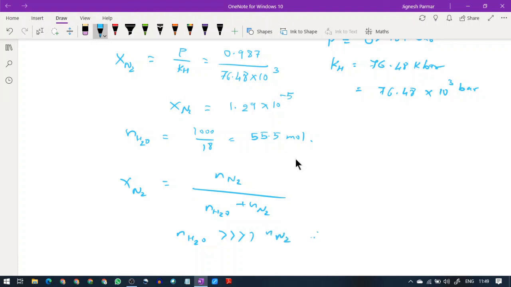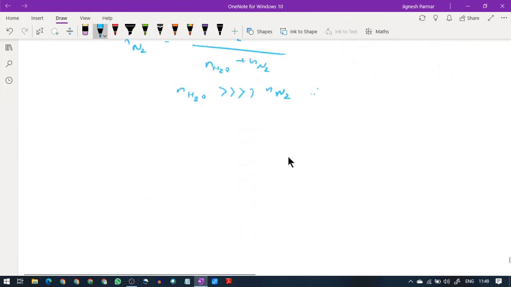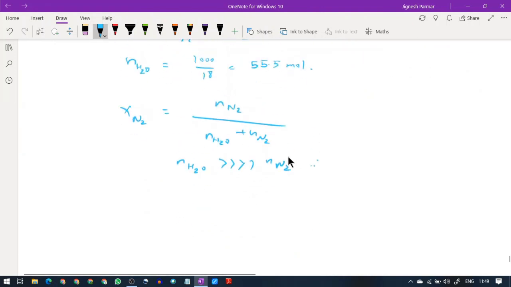Therefore, this is neglected, and I can write the equation like this: X of N2 equals n of N2 divided by n of H2O. Clear? So what is the number of moles of nitrogen that I have to find out?